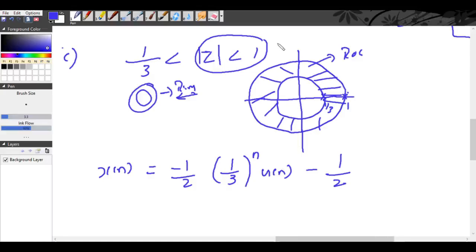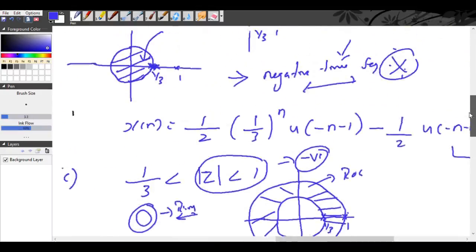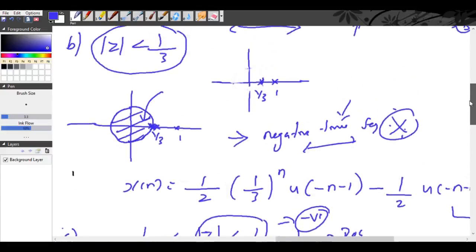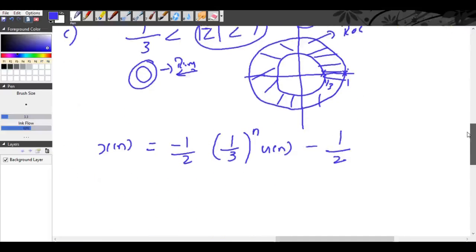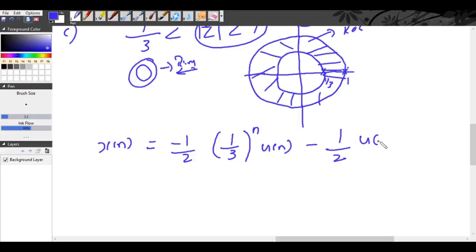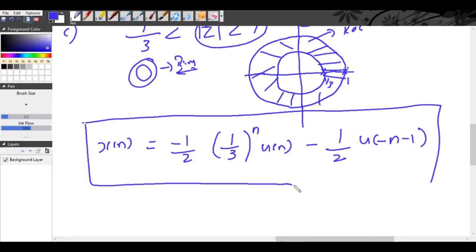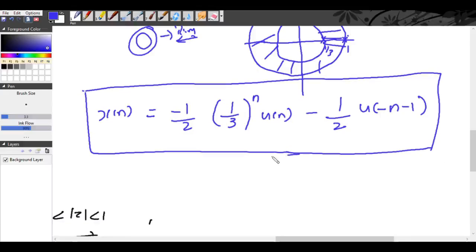That is nothing but a negative series, as I said in the previous section, a negative time series. So this will be minus half into u of minus n minus 1. Keep in mind that the region of convergence decides the pattern, or the structure, of this particular equation.